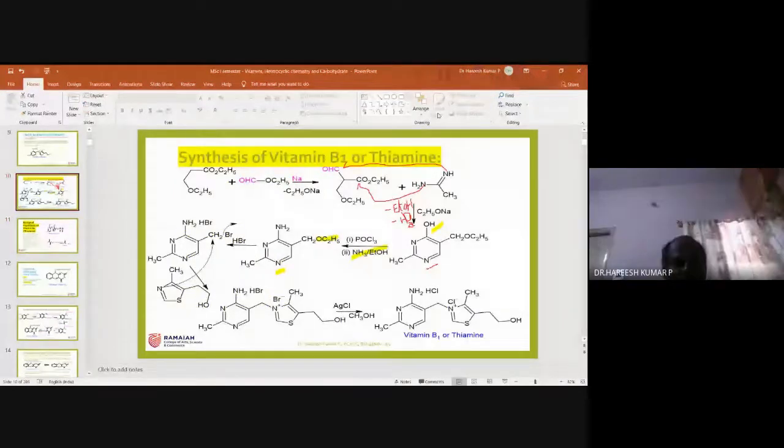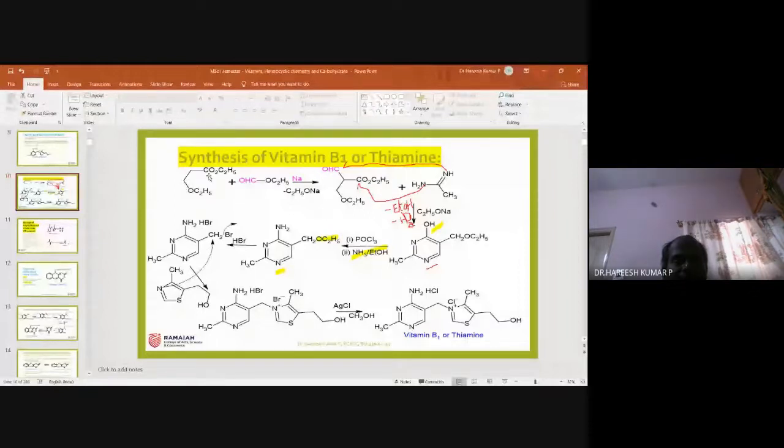Look here. You can write down the name also. This is an ester, a carboxylic ester. COOC2H5, where C2H5 means an ethyl group. This carbon is 1, this is 2, this is 3. So that means 3-ethoxy propane.